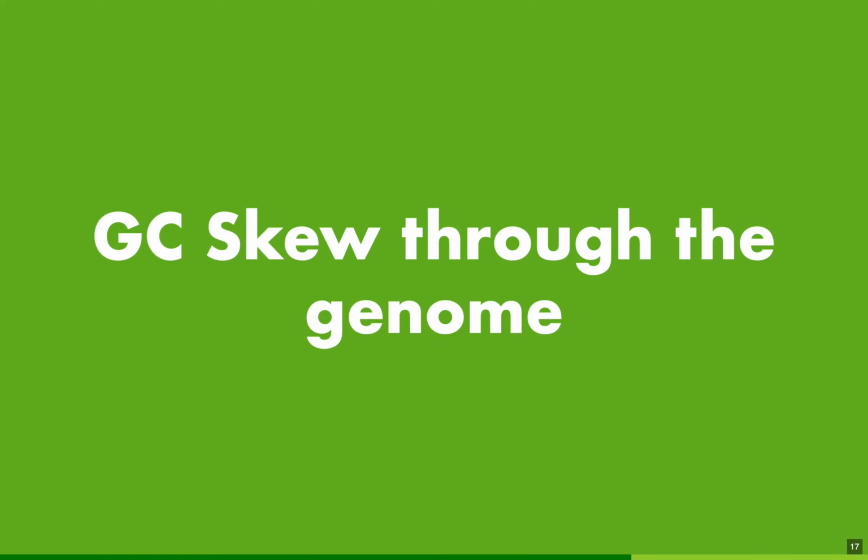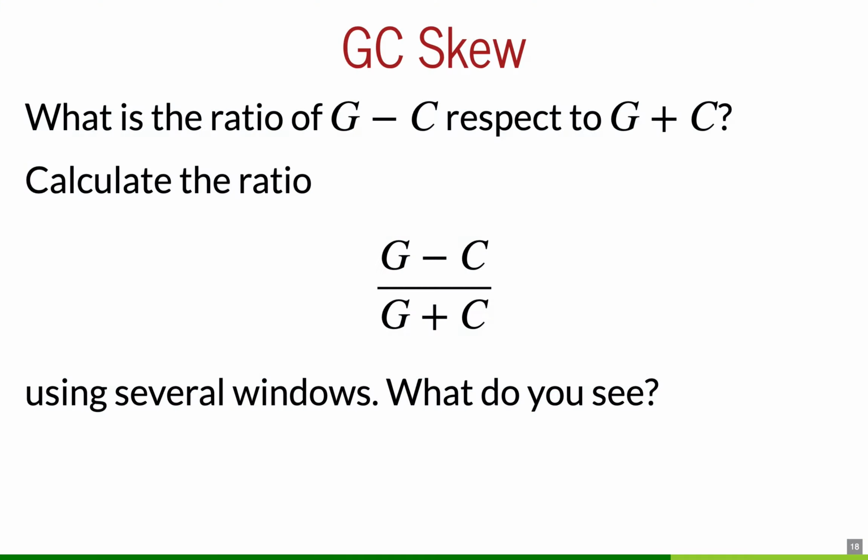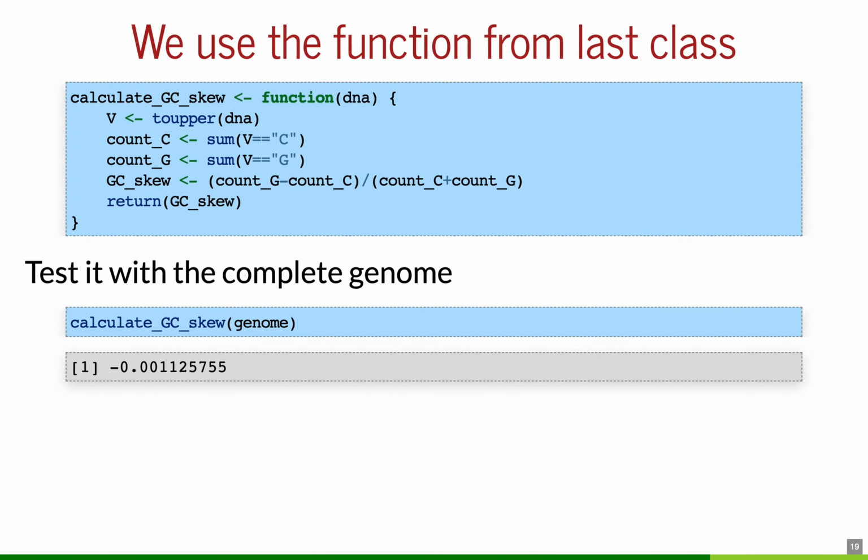Now, let's talk about the second statistic that we learned about the genome, the GC skew. We want to calculate this ratio using several windows and see what happens. We again recycle the code that we have from the previous class. We test with the full genome, nothing surprising, everything works fine.